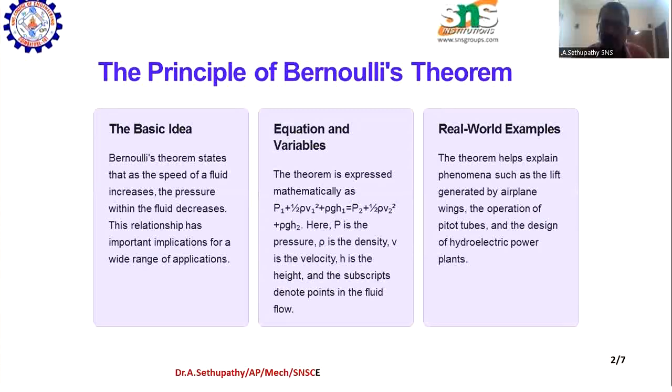Here P is the pressure, rho is the density of the fluid, V is the velocity of the fluid, g is the gravitational acceleration, and h is the height of the liquid in the pipeline. The fluid flowing through a pipe, at any section, keeps this sum the same. This is what Bernoulli's equation tells. The subscripts denote points in the fluid flow.